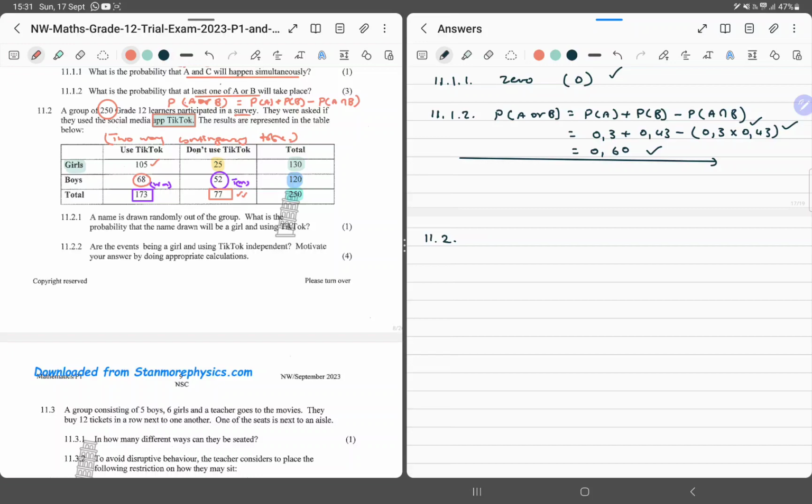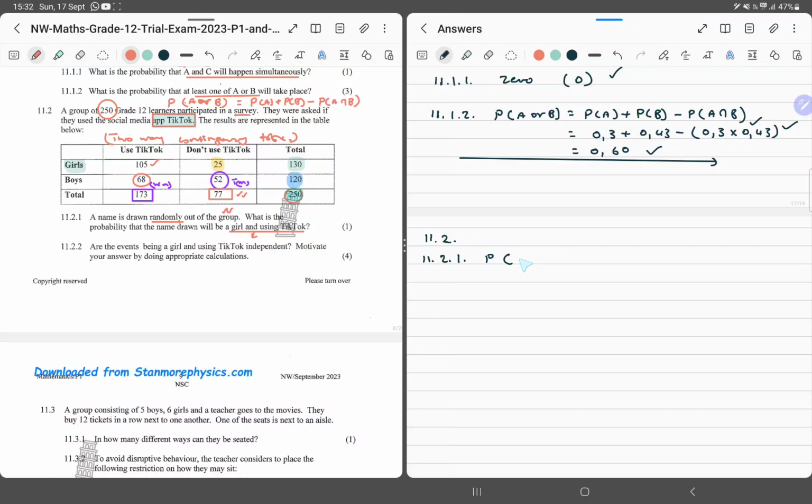Now, folks, we've got a situation here. 11.2.1. We are told a name is drawn randomly out of the group, meaning the 250 people. What is the probability that the name drawn will be a girl and using TikTok, meaning these two happening simultaneously? So the number of girls that are using TikTok is 105.